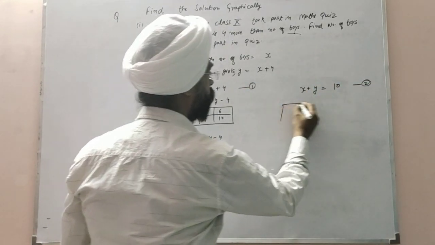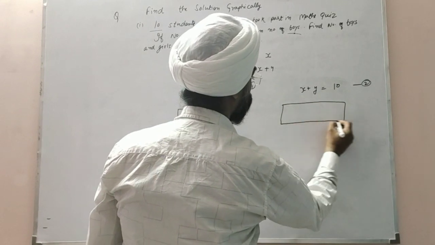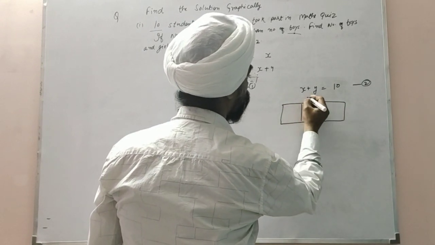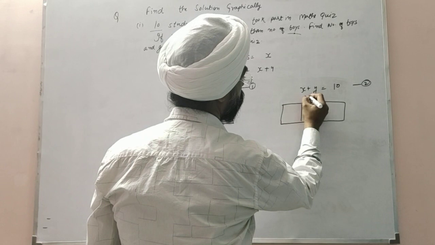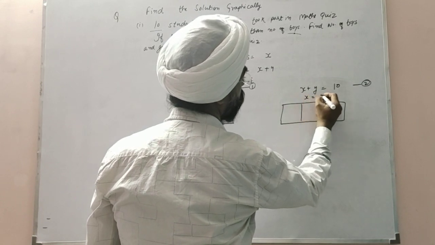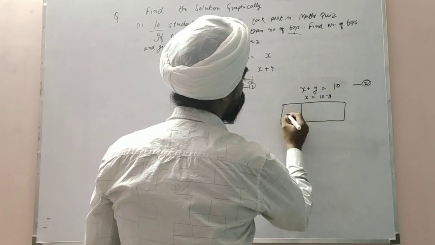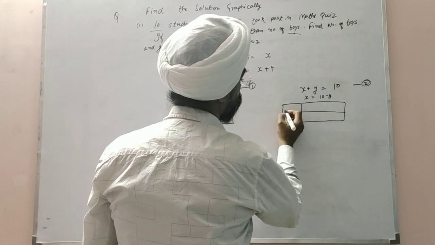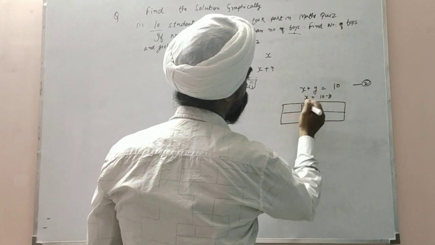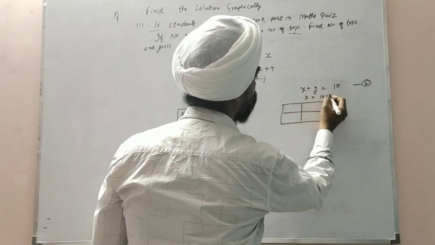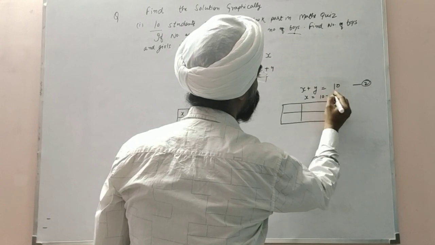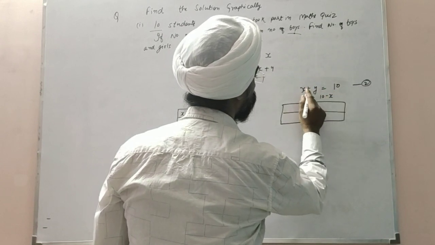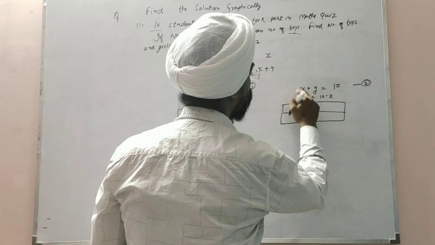Now the second table. In some books it is also written that x will be 10 minus y. You can take this y as 10 minus x.